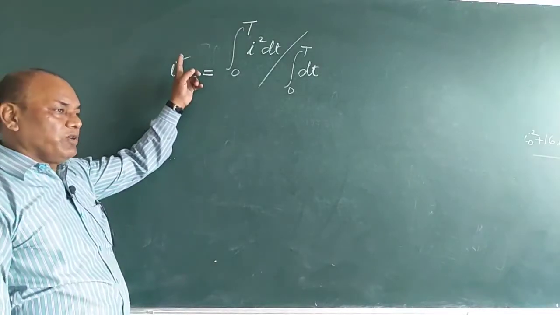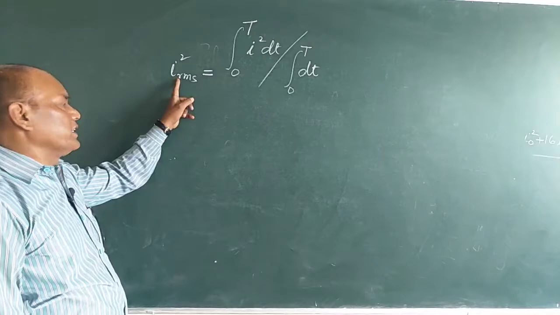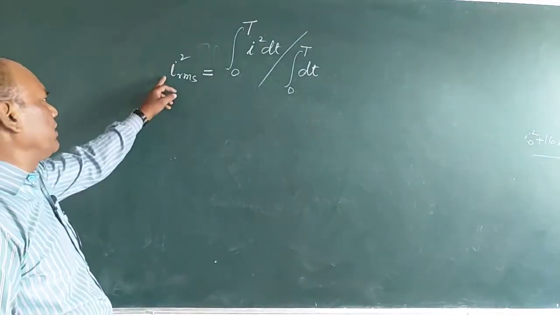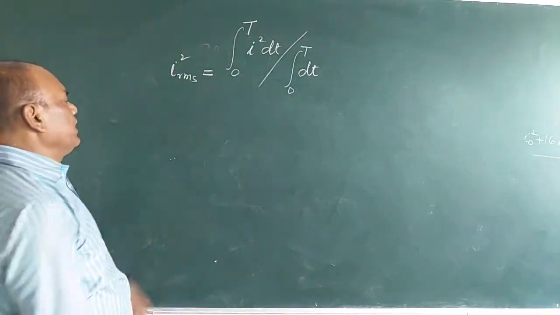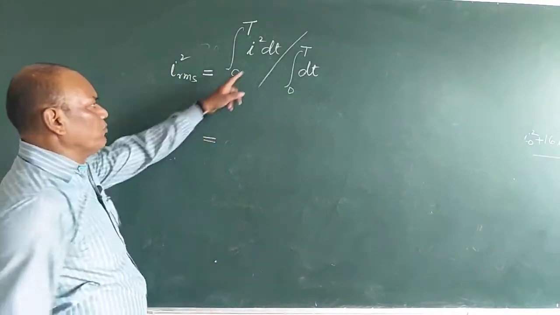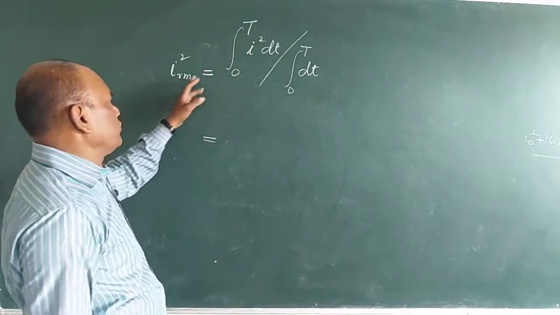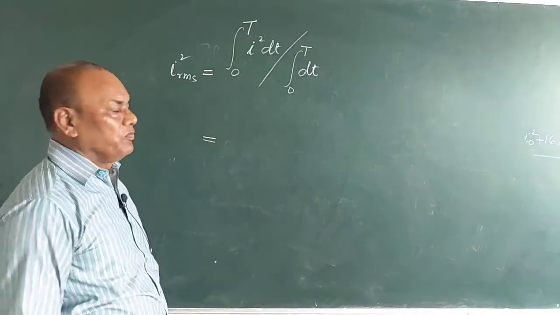Why are we taking the square here? Because in the case of IRMS we have to take the square root, so if we have IRMS square we remove the under root. This formula you should keep in memory, only then will you succeed in finding the relation between IRMS and I0.